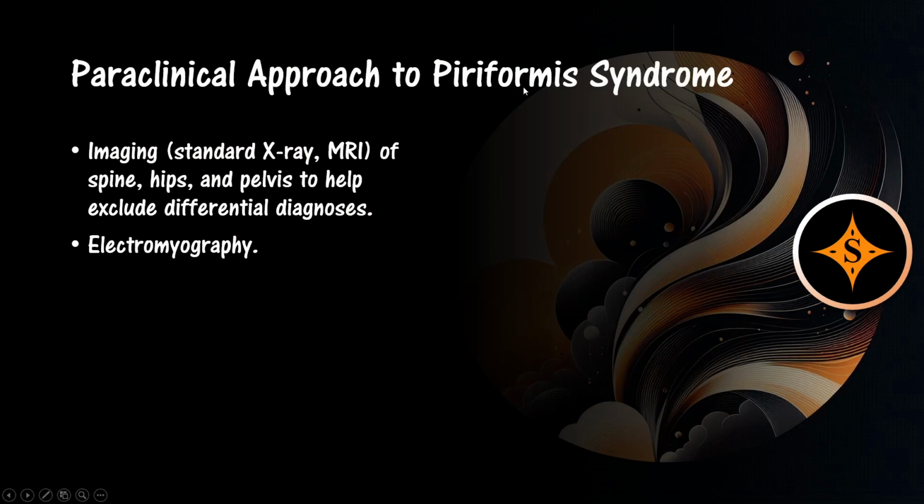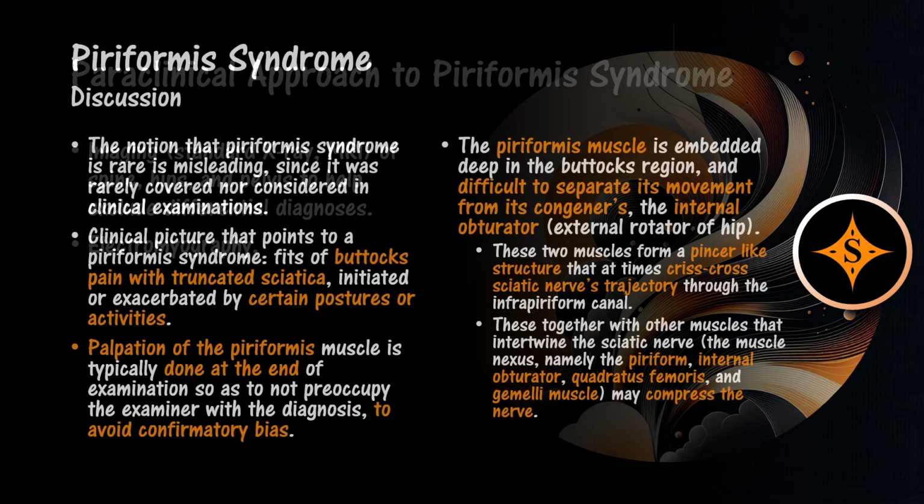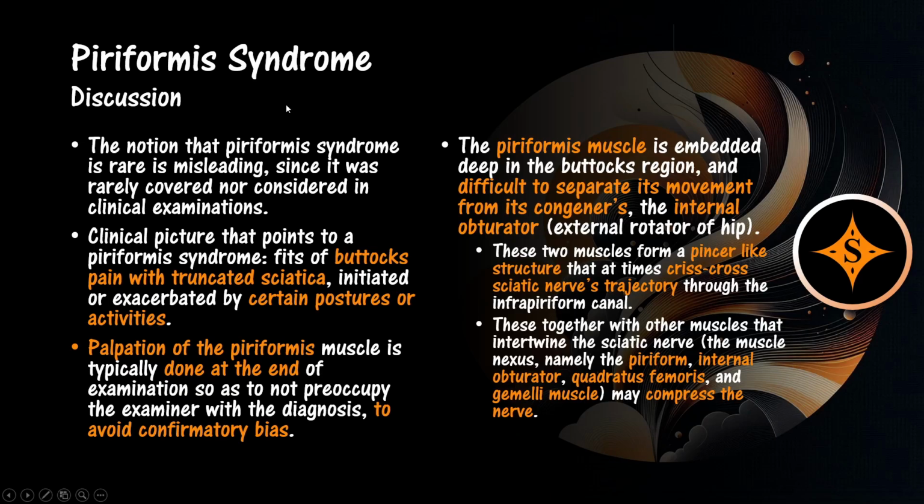And the preclinical approach to Piriformis syndrome, currently there's not much value other than to exclude the diagnosis because it's neither sensitive nor specific, and the pathognomonic value is currently still unvalidated for electromyography. And this brings us to the discussion of the information that we've gathered so far.